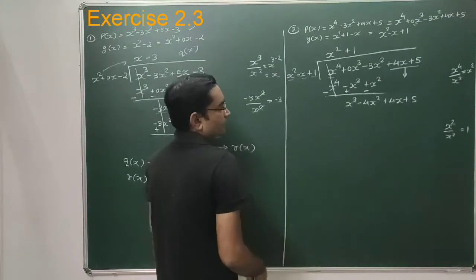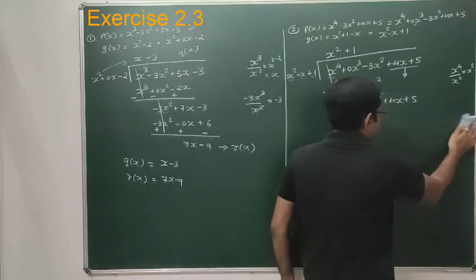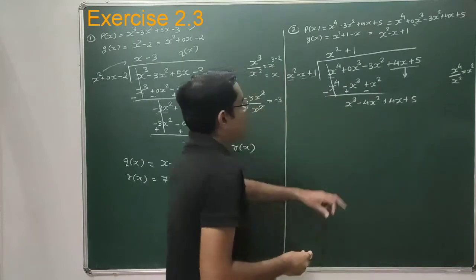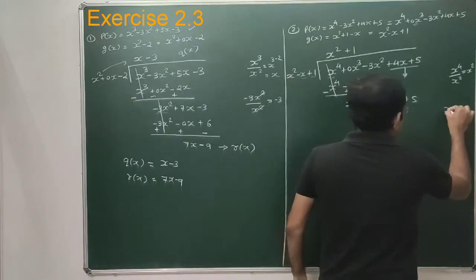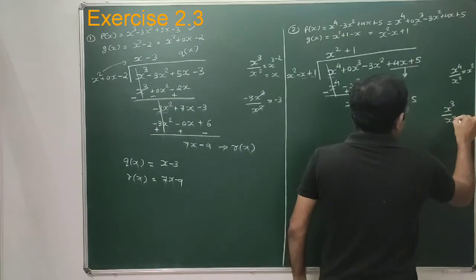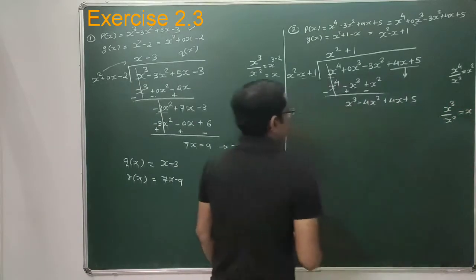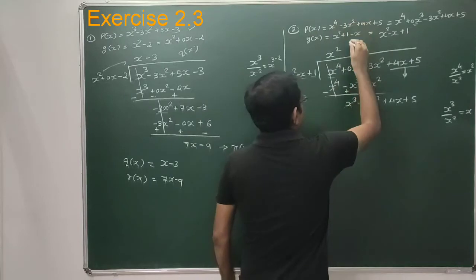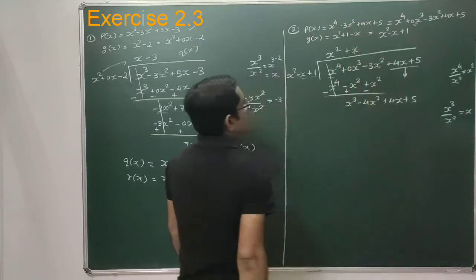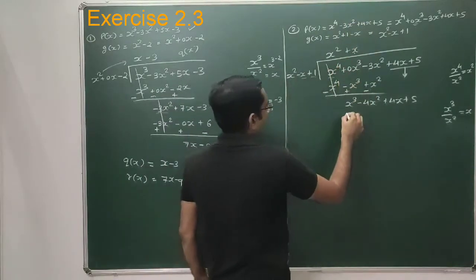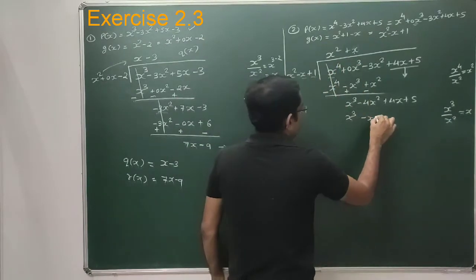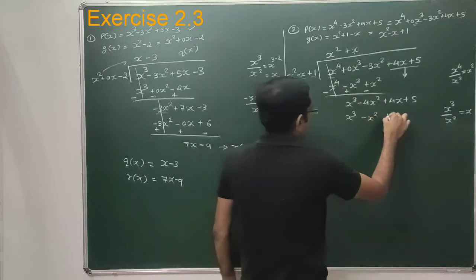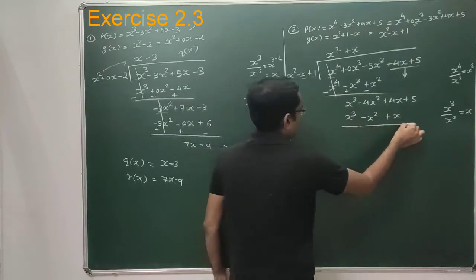Now again division of leading terms. Here the leading term is x cube, and here the leading term is x square. So divide this x cube by x square, and we are getting x. So put x over here. Again x square into x is x cube, minus x into x is minus x square, plus x.